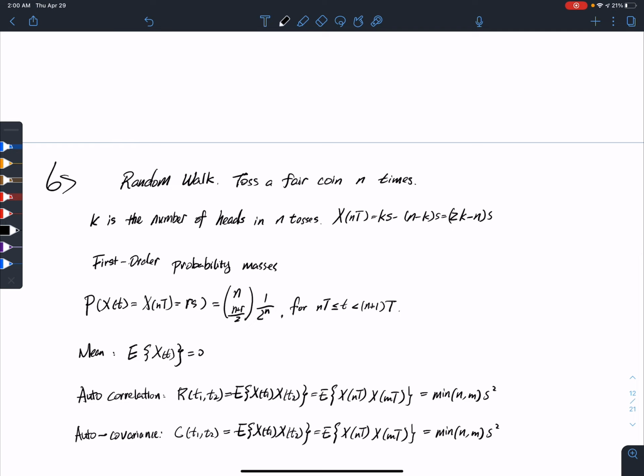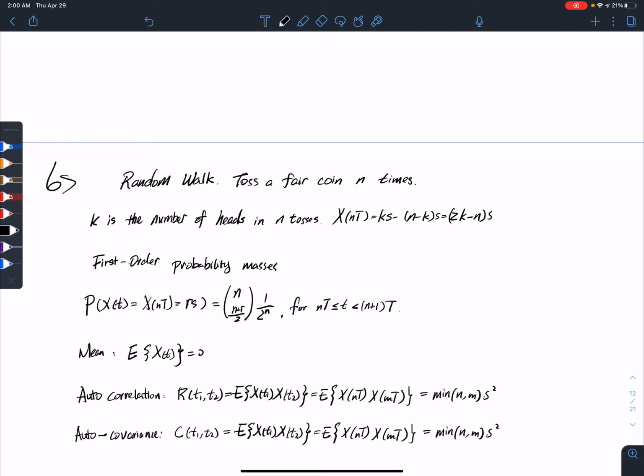Question 6, random walk. Toss a fair coin n times, k is the number of heads in n tosses. x(nT) equal to ks minus (n minus k)s is equal to (2k minus n)s.